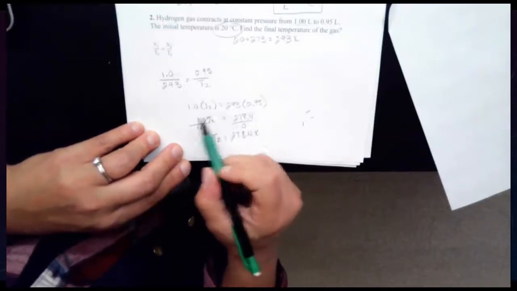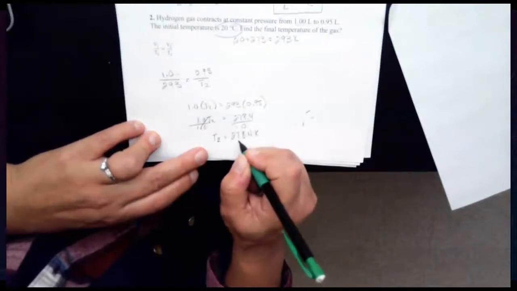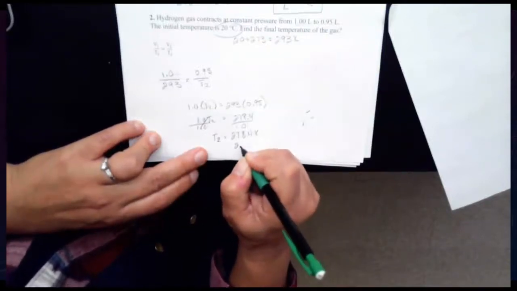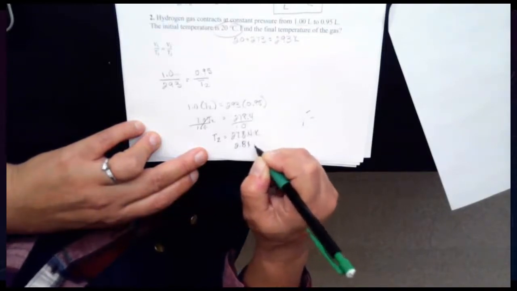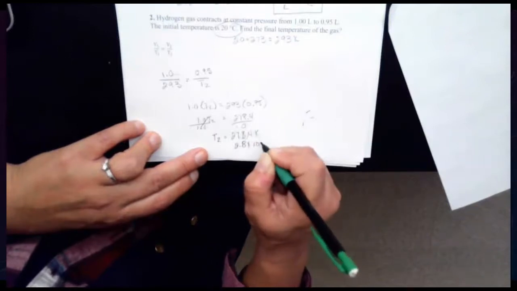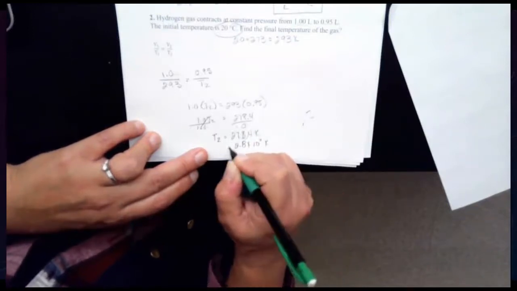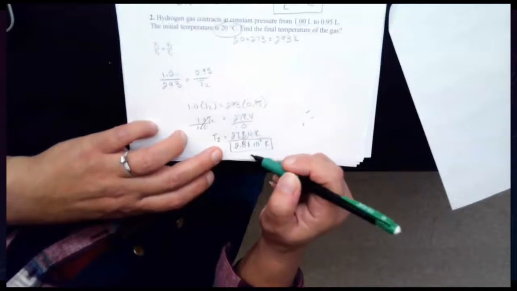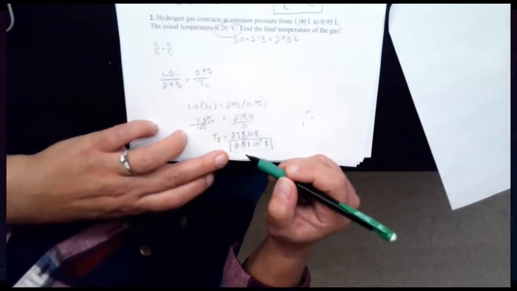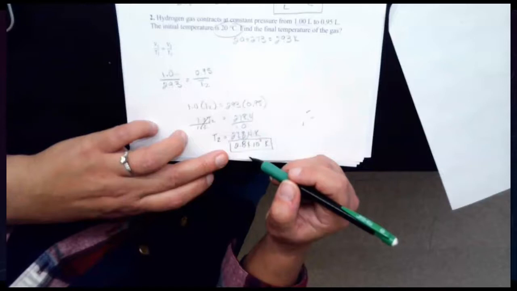So sig figs would only be two numbers. So to make this okay significant figure-wise, it would be 2.8 times 10 to the second Kelvin. I'm not going to be super concerned about significant figures on these, but that would technically be your correct answer. 278.4 Kelvin, which in significant figures would be 2.8 times 10 to the second Kelvin.